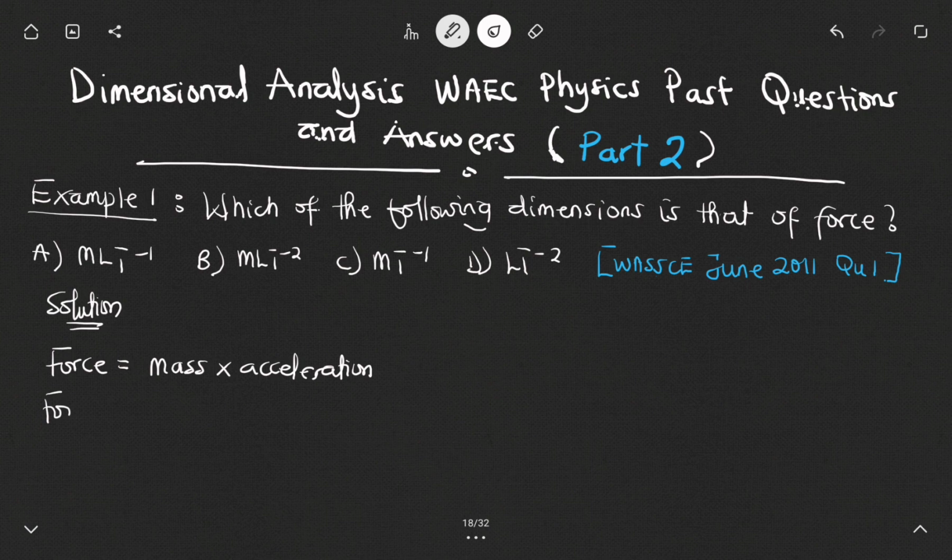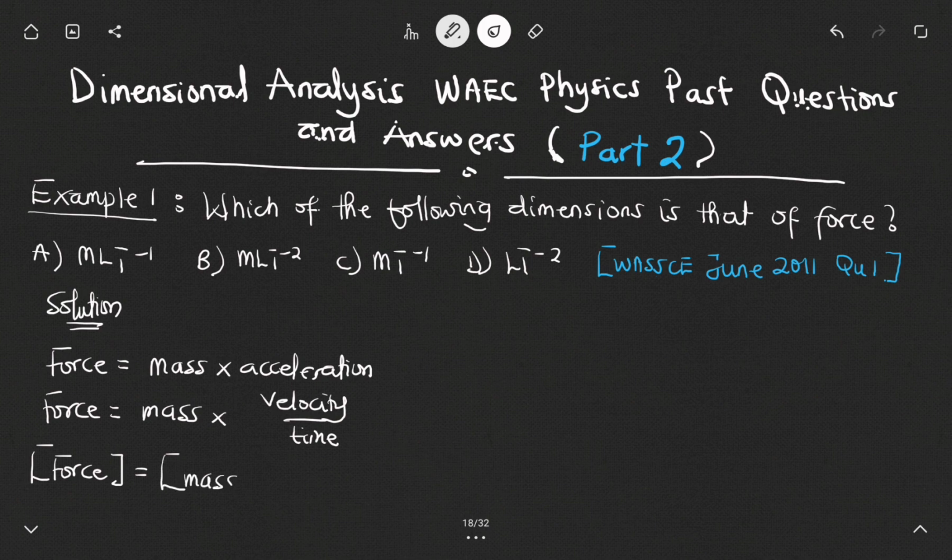Now you know that acceleration is velocity over time, or the time rate of change in velocity. Therefore, when we are finding the dimension for force, that will be equal to the dimension of mass multiplied by the dimension of velocity on the dimension of time.